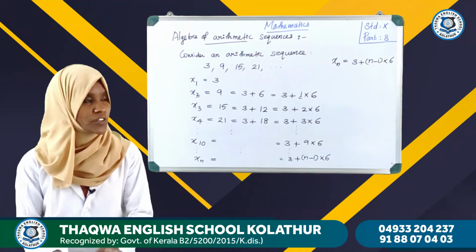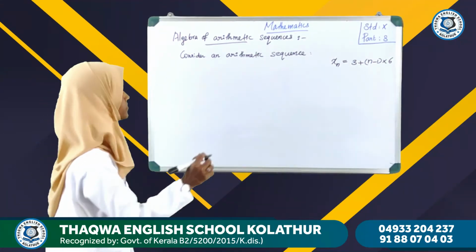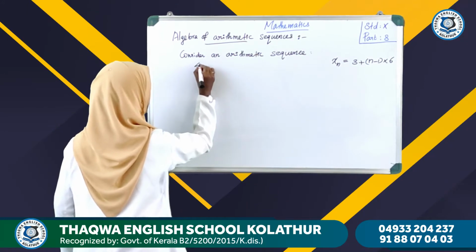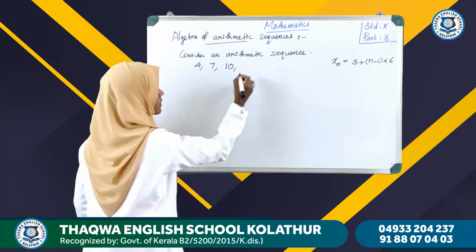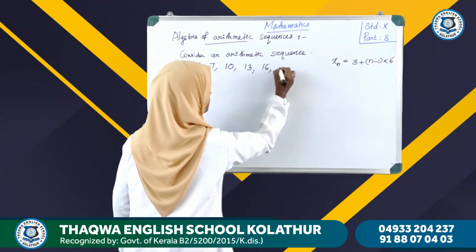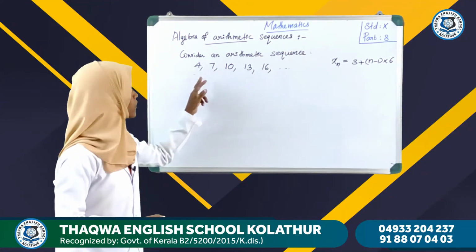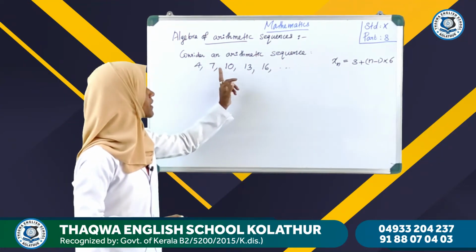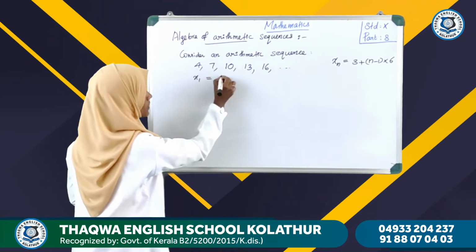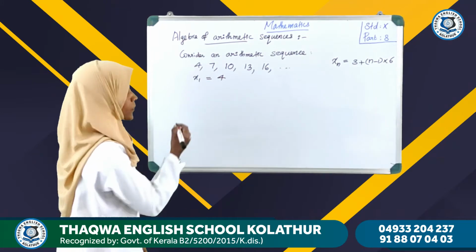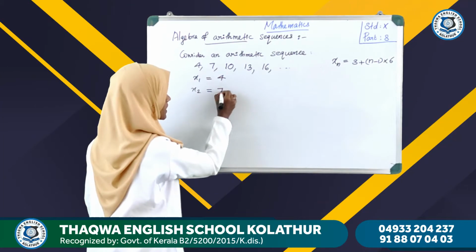The next one. Consider another arithmetic sequence 4, 7, 10, 13, 16, etc. x1, that is the first term, is 4. x2 is 7.